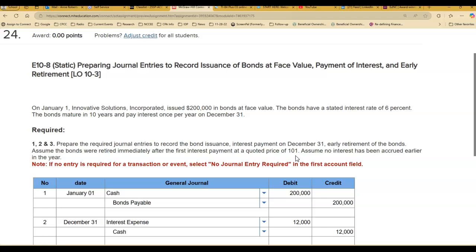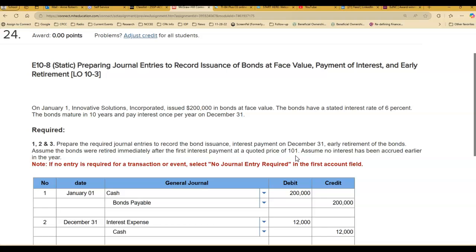So just like anybody else, we've got to buy them back at market. The current market price is 101. So we're going to have to pay more than face value to get them back. A little bit more than face value, right?